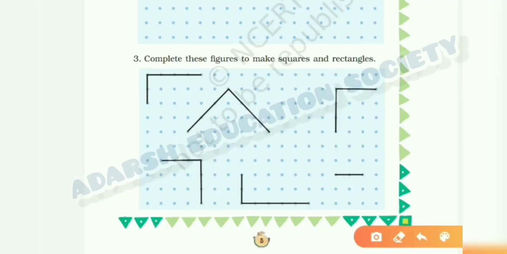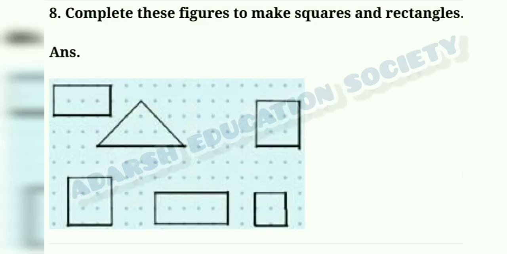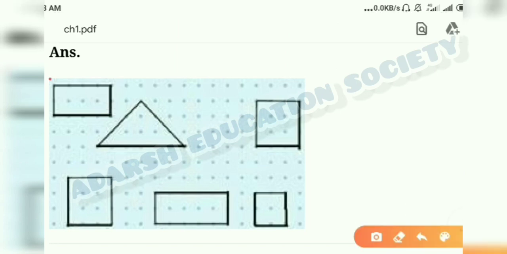Third question, complete these figures to make squares and rectangles. Here few lines are there, and when you complete it you will find out few rectangles, triangles and few squares. Okay, now let's complete these lines and see what shapes are made here. In first, when we complete the line, this makes a rectangle.